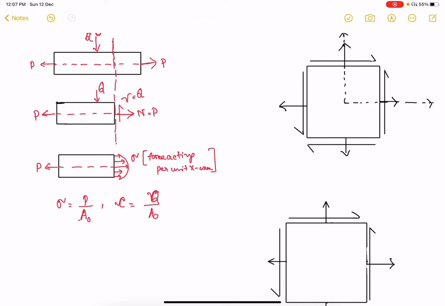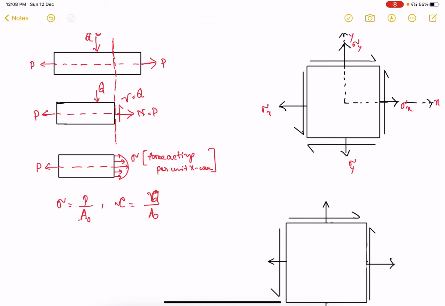Now again, let it be the x-axis and the y-axis, 2D planar stress. It is sigma x. If it is away from the plane, that is tension, and we take it as positive for normal stress. Similarly, tension is away and compression is towards the plane.